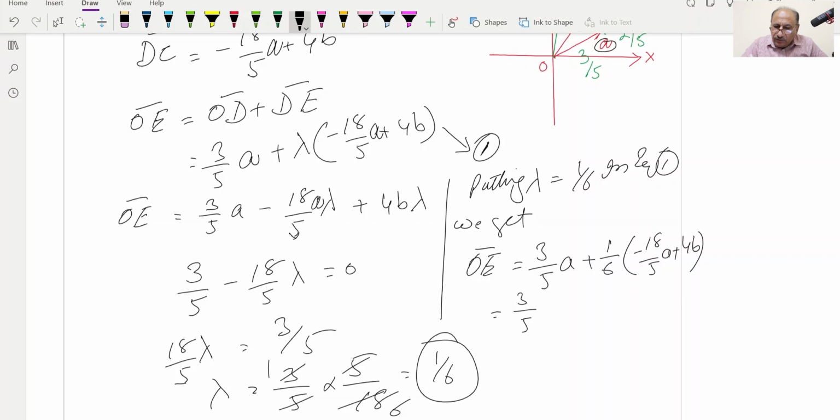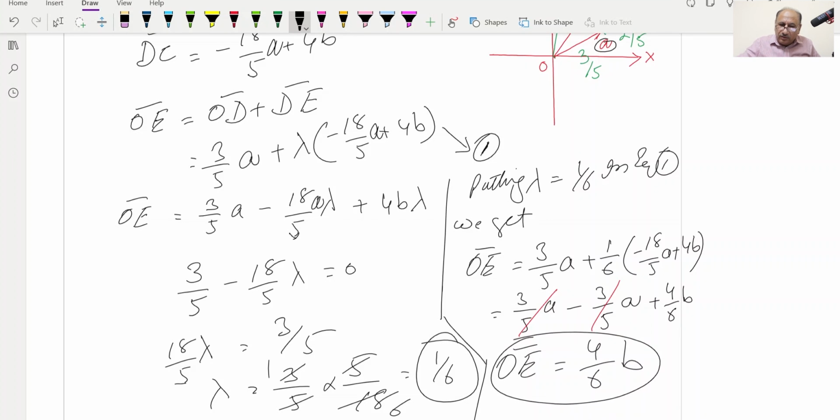This will be 3 by 5a, and 3 sixes are 18, so minus 3 by 5a, and plus 4 by 6 of b. Plus 3 by 5a and minus 3 by 5a will be cancelled, and we will get OE vector is equal to 4 by 6b. This will be our final answer for this part.